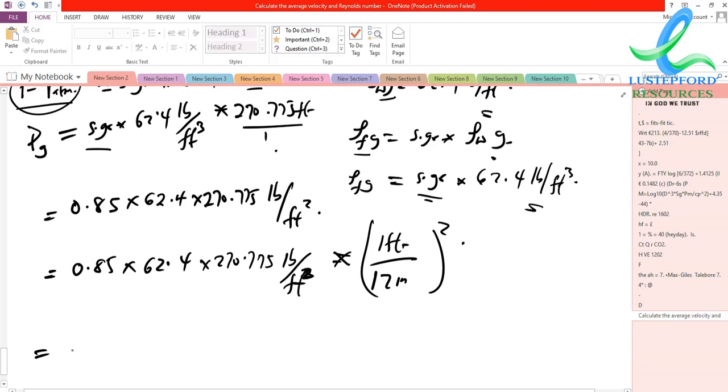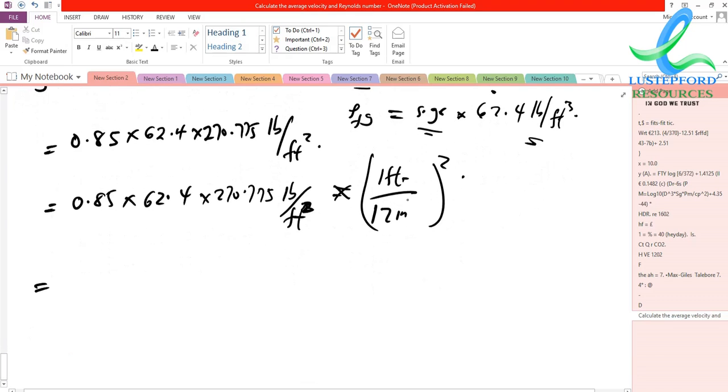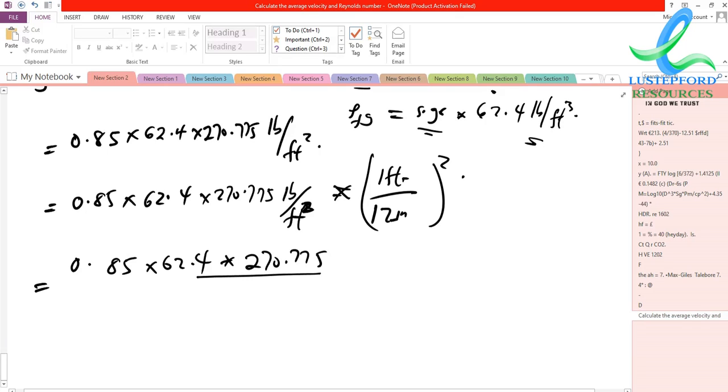Now we will be left with 0.85 times 62.4 times 270.775 divided by 12 square, which is 144, in pounds per inch square. So now let's look at what we get from the calculator.